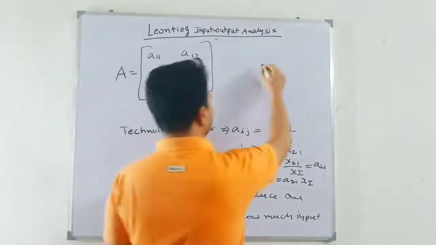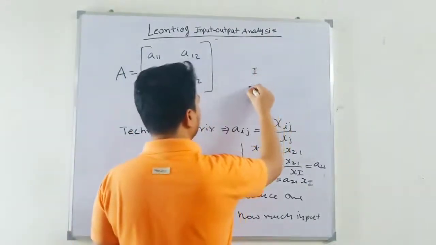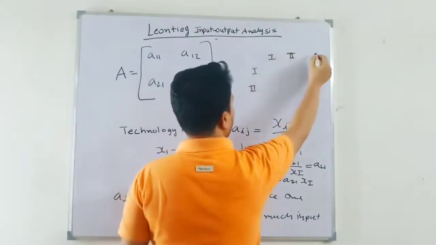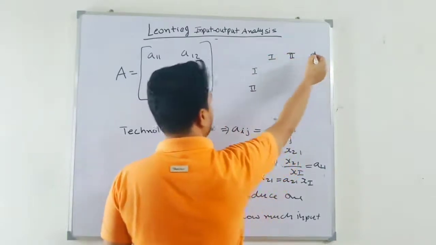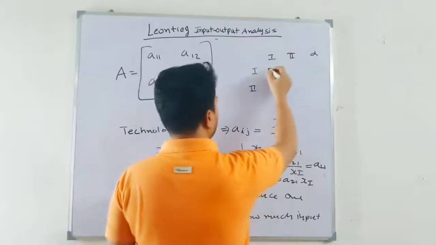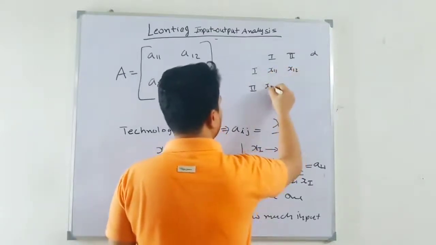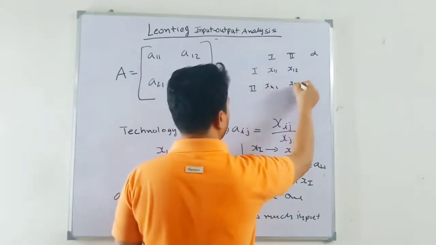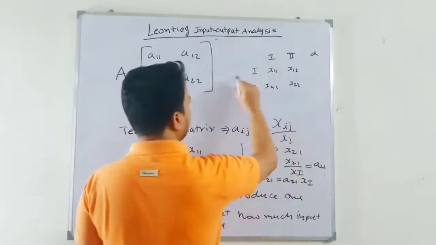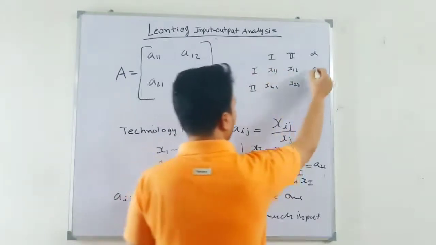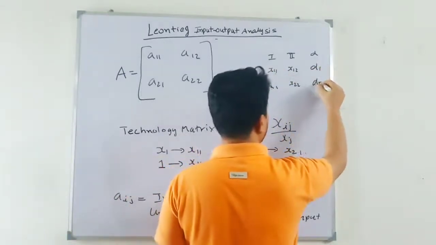Remember that when I write this, industry 1, industry 2, and this is the final demand, external demand. So I write here x11, x12, x21, x22. So remember row, column: 1, 1, 1, 2, 2, 1, 2, 2. This is no problem. This is external demand 1, this is external demand 2.